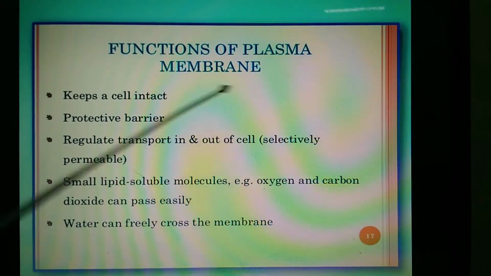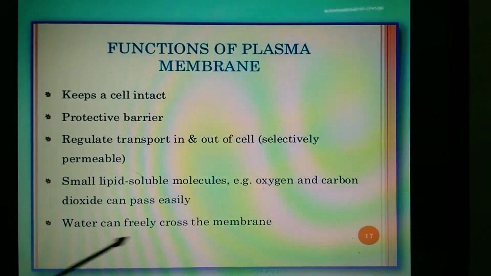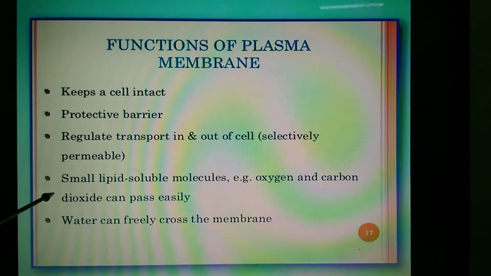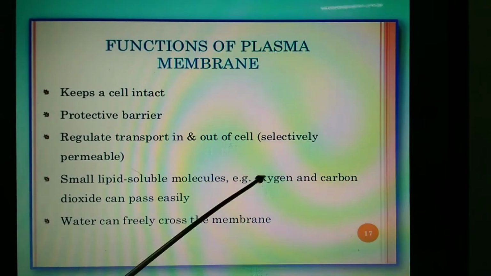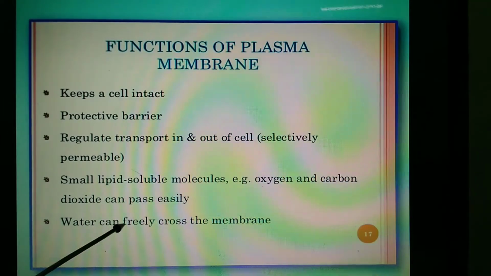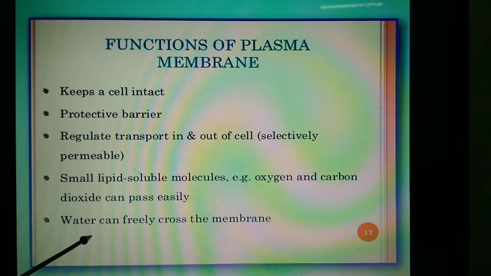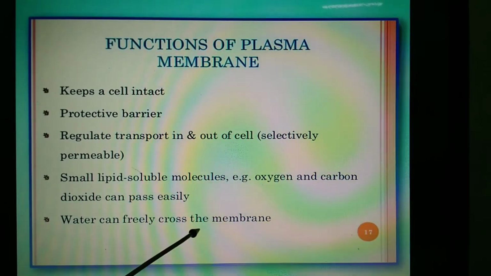Therefore, the plasma membrane is also known as the selectively permeable membrane. It allows the entry of small lipid-soluble particles or molecules, for example, gases like oxygen and carbon dioxide, and it can also allow the free passage of water across the membrane.